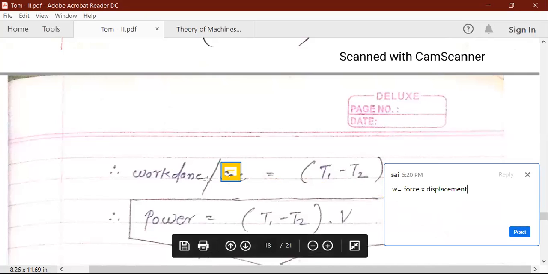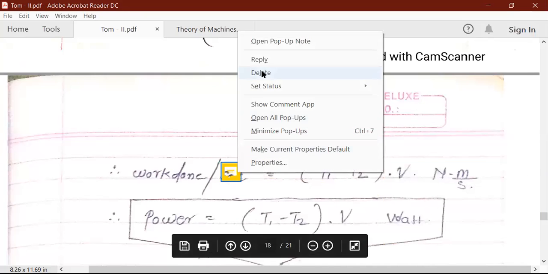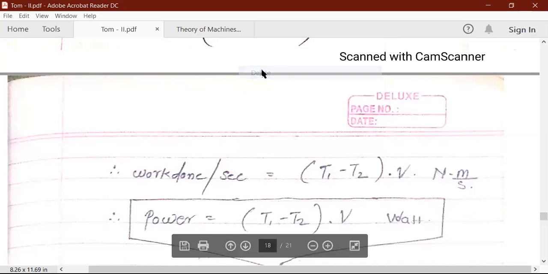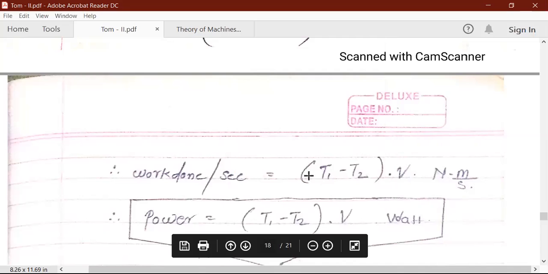But here we have to find work done per second, which means force multiplied by displacement per unit second. Displacement per unit second is velocity, that is meter per second, and the effective force is the difference between these two forces, that is T1 minus T2.